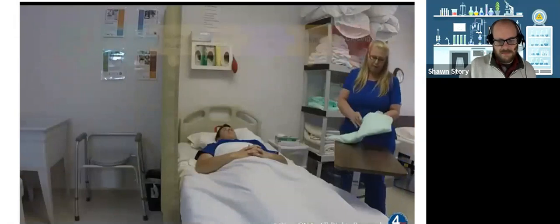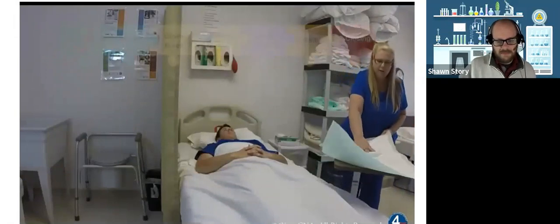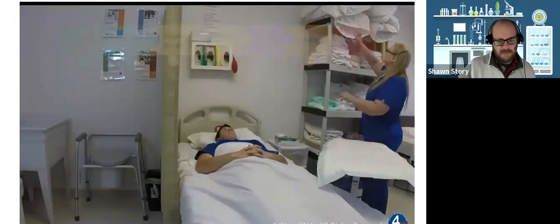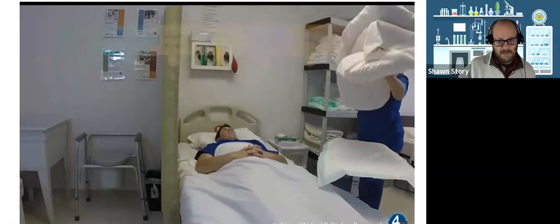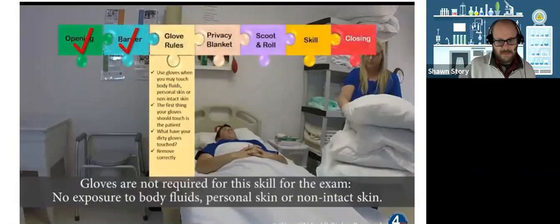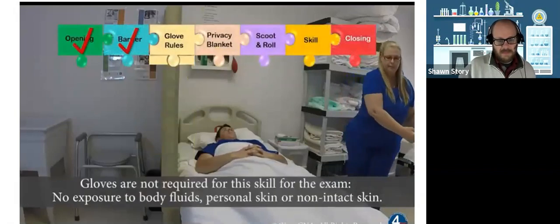I'll start gathering your supplies. We'll start with a barrier, which I'll place on the table to provide a clean area to place my supplies. And I'll get 3 pillows from the clean supply cabinet, being careful not to allow them to touch my uniform.